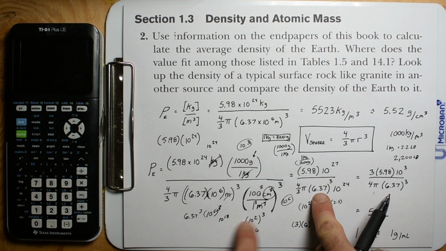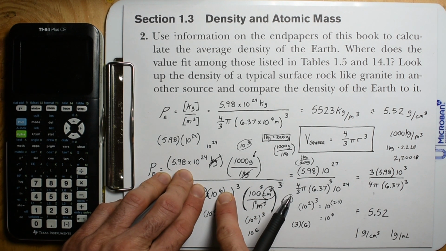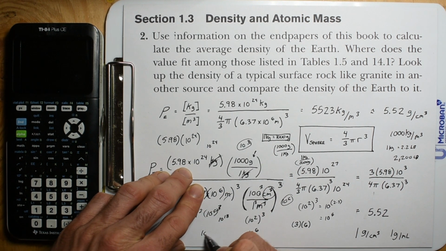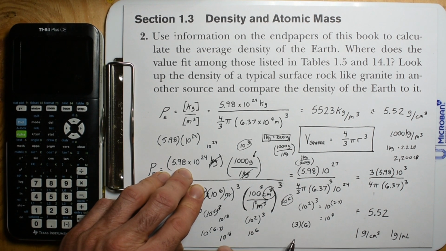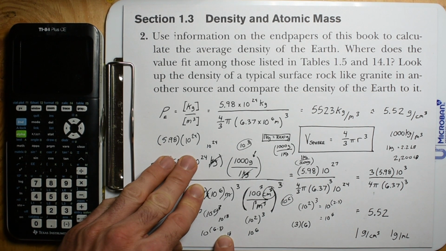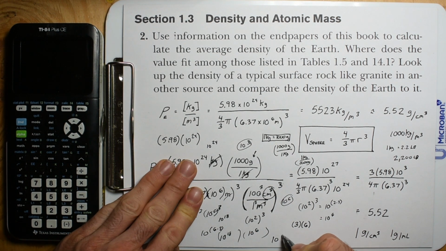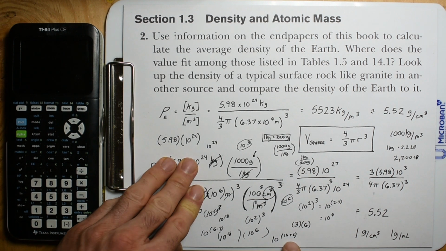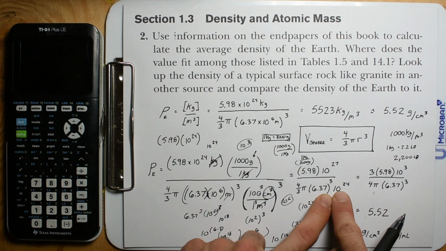So that's what we do here, 6.37 cubed, and then we're going to have 10 to the 6 cubed. That's going to be 10 to the exponent of 6 times 3, that's 10 to the 18. So we're going to have 10 to the 18 multiplied by 10 to the 6, that's going to be 10 to the exponent of 18 plus 6, that's how you do that, and you're going to get 10 to the 24.